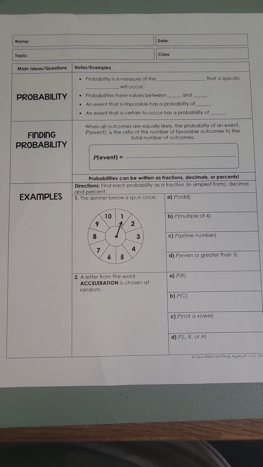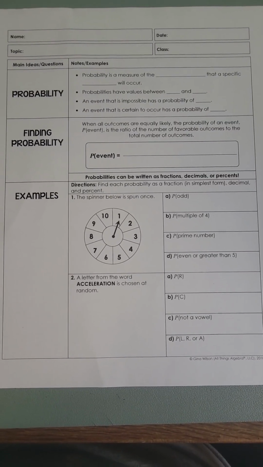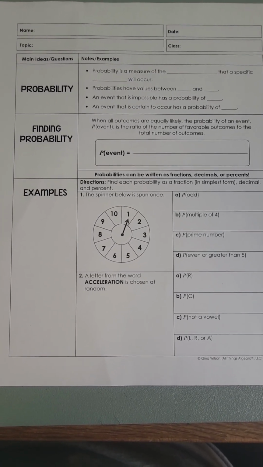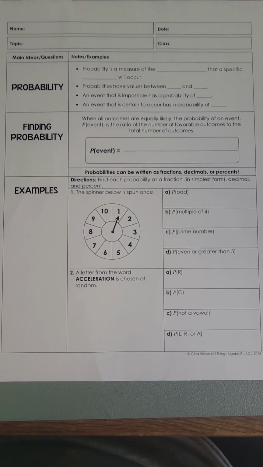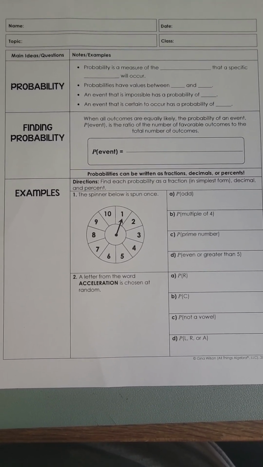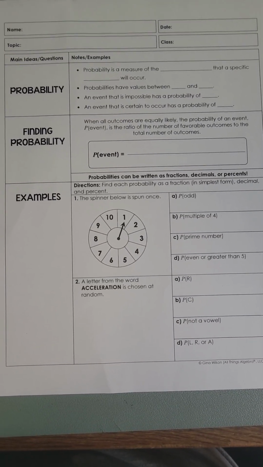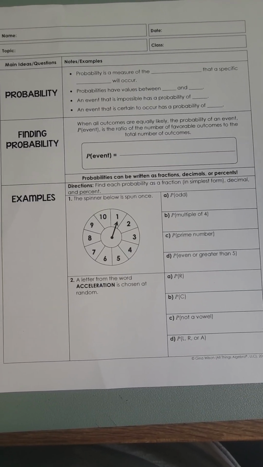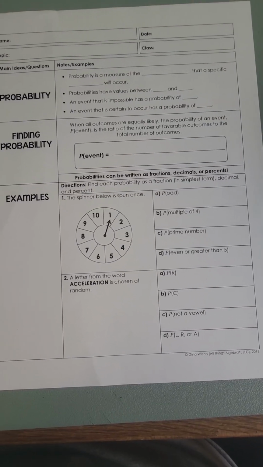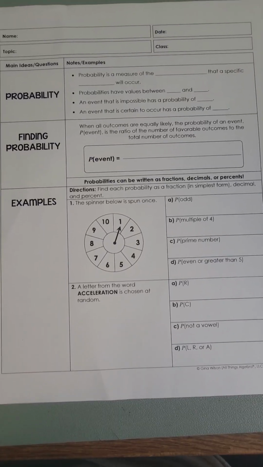Yesterday, when you were at the track meet, the rest of the class did a small assignment, so make sure you still grab that. Then today we're going to move on with notes about what probability is, and then you get to practice a whole lot without me. Don't freak out if you don't understand it, just try your best, and then we talk about it on Monday when I'm back.